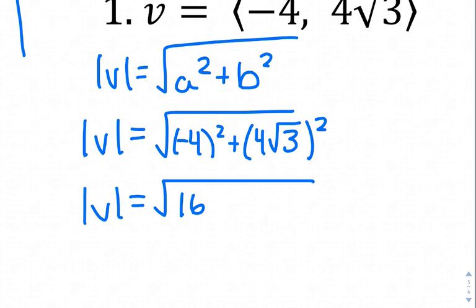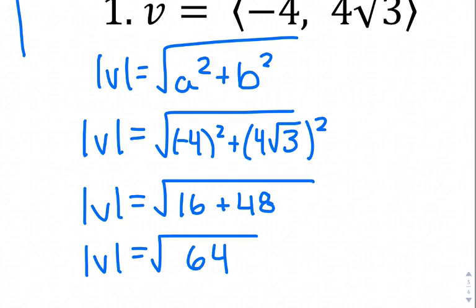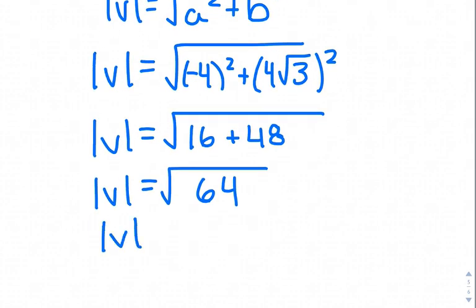And 4 radical 3 squared: 4 squared is 16, and radical 3 squared is just 3, so 16 times 3 would give me 48. Then I'm going to add those two together. I would get 64, and then the square root of 64 is just 8. So my magnitude is 8.